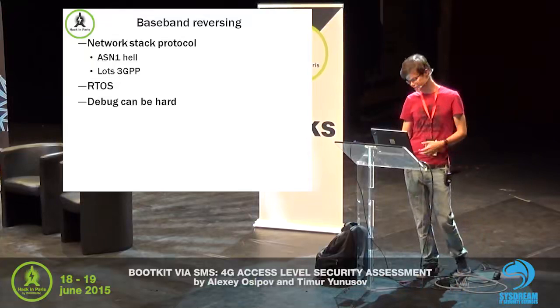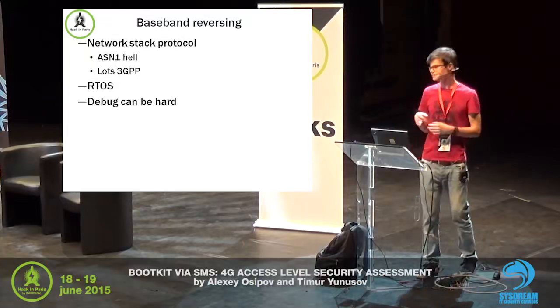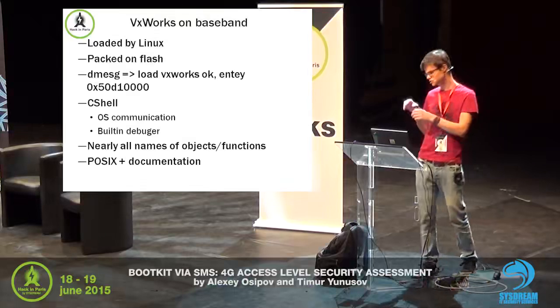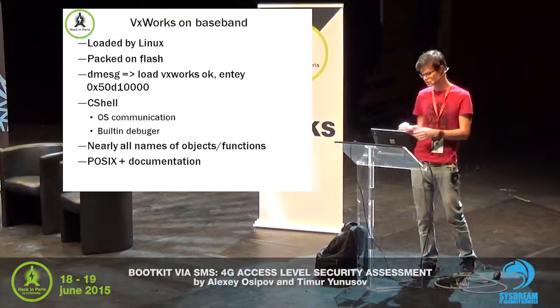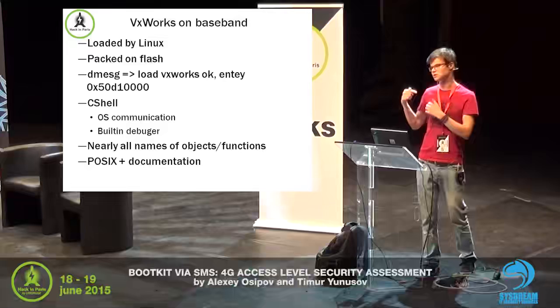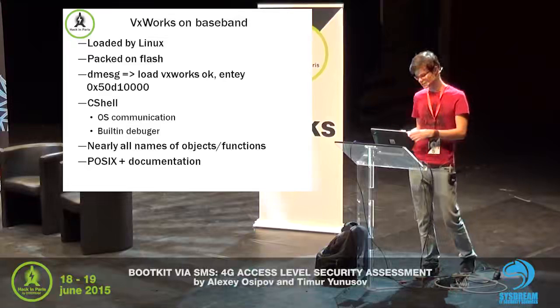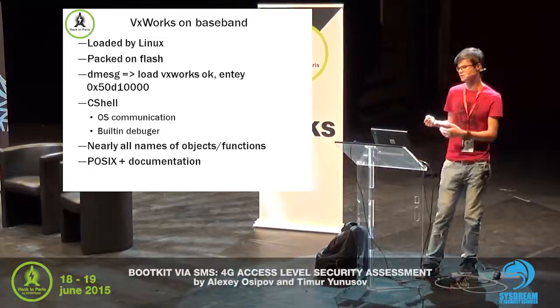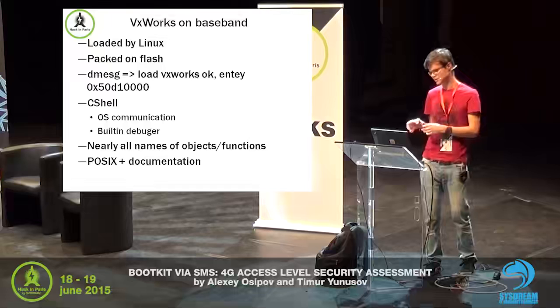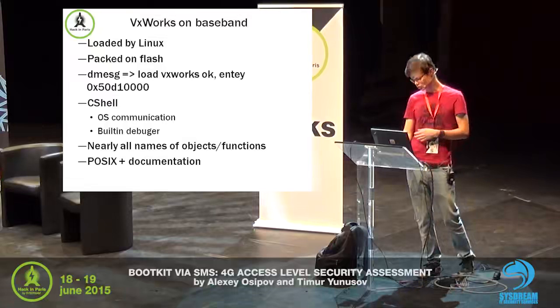All debugging was hard. But the summary is that the Linux operating system loads the VxWorks operating system image at a well-known base address. That's why you can update, debug, and so on the VxWorks image.